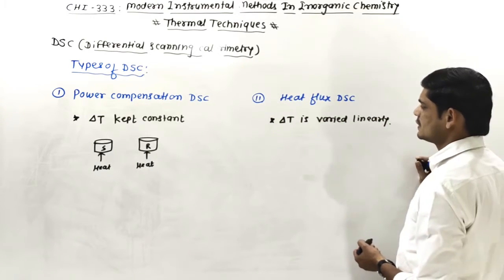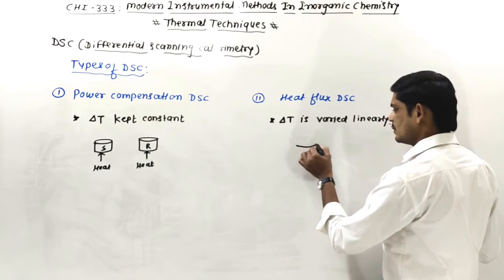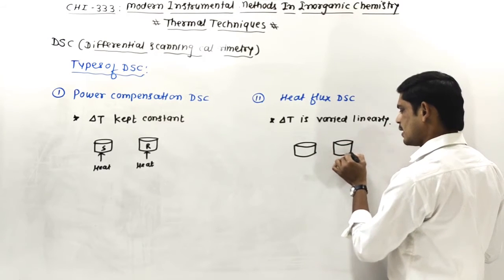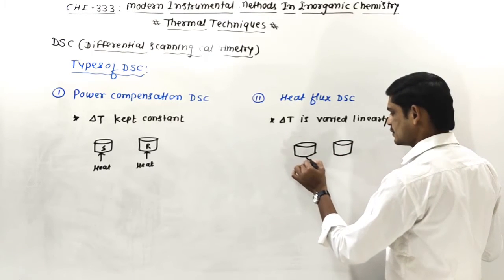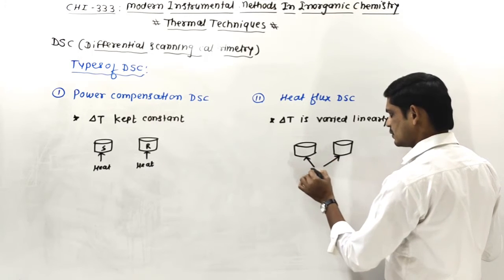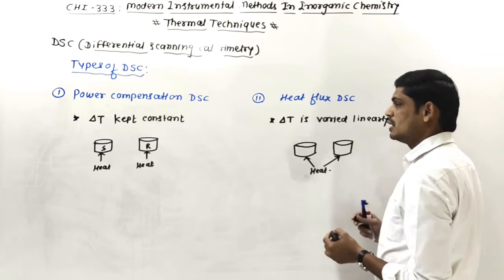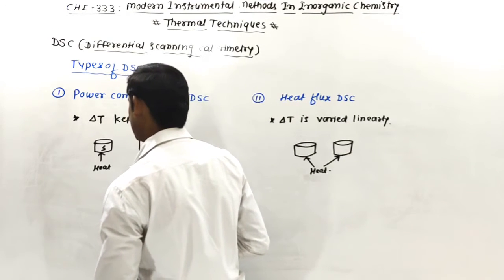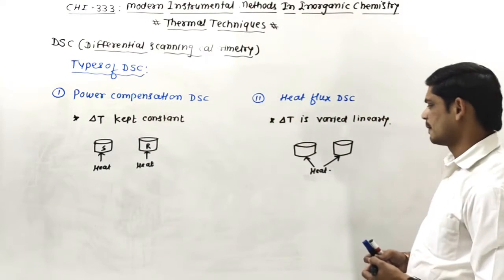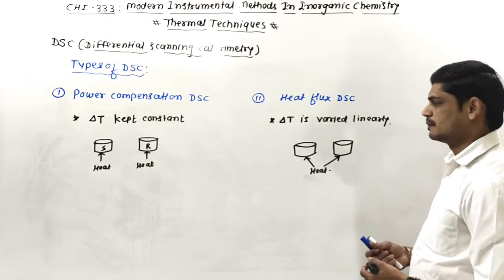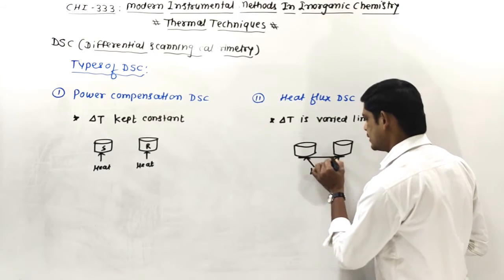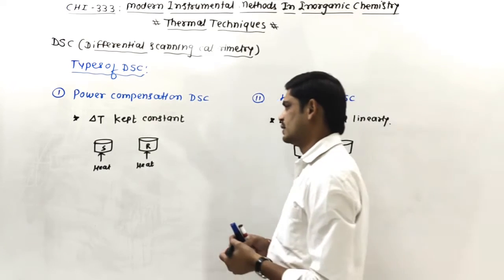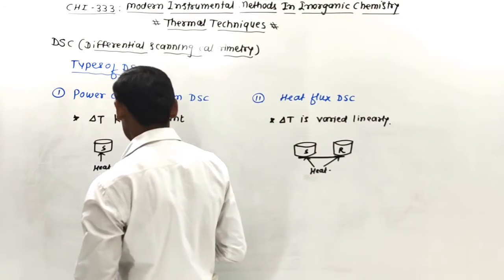Whereas in heat flux DSC, both the sample and reference are heated in a single panel, means simultaneously. So the single heater is provided for both the sample as well as a reference material.